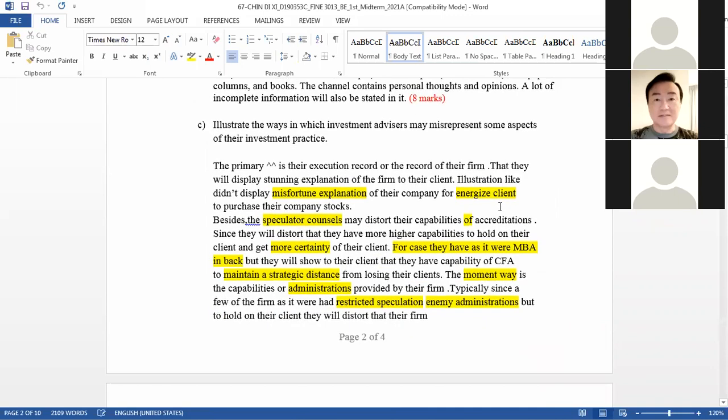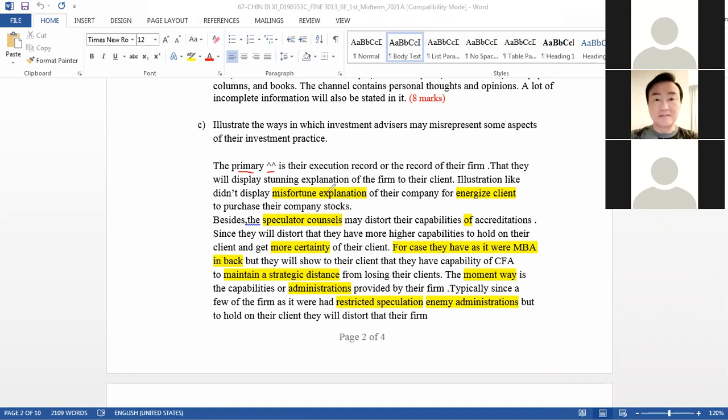But this part here, right, this part here, the primary, what? The primary way, right? You write an adjective. So here there should be something here.